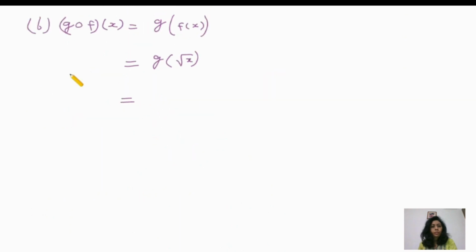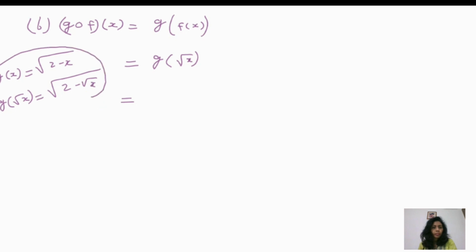So what is the g(x) function? g(x) is square root 2 minus x. So g of square root x is square root 2 minus square root x, right? So here we can write square root of 2 minus square root x.